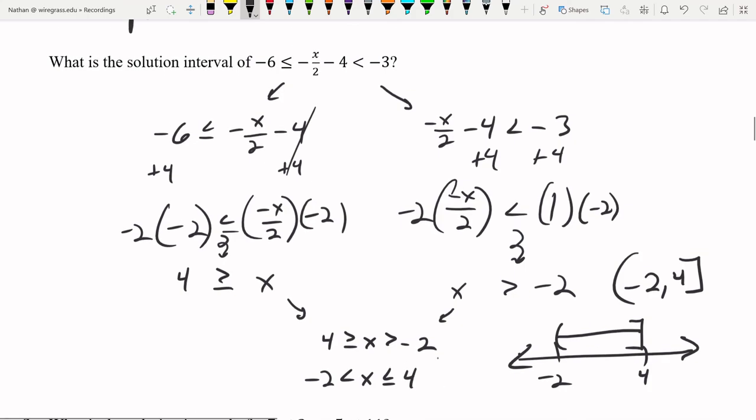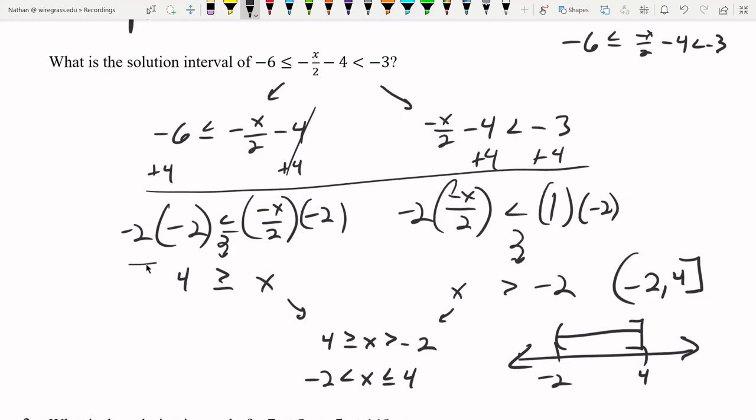But what's interesting is that you don't actually have to split this up to solve it. We could just take negative 6 less than or equal to negative x over 2 minus 4 less than negative 3. You can see we did the exact same thing when solving this. We added 4, then we multiplied by negative 2. Well, that's essentially what we're doing here. We're just going to add 4.